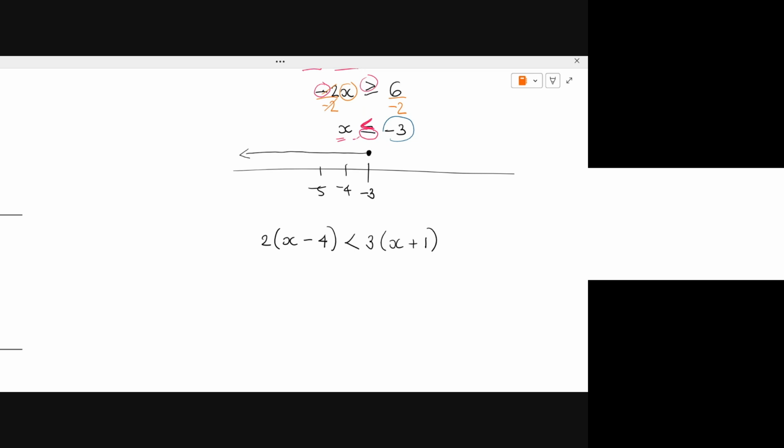Remember to pop an emoji on the screen when you're ready with the answer. Yarina's already done. Or if you're struggling with the question, pop a message in the chat. I'm happy to help. Remember, brackets mean multiply.